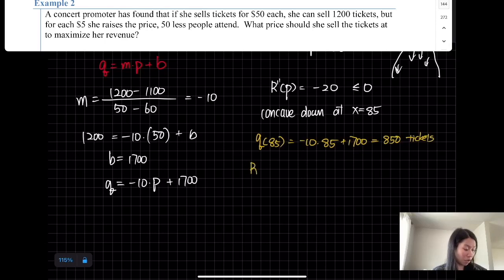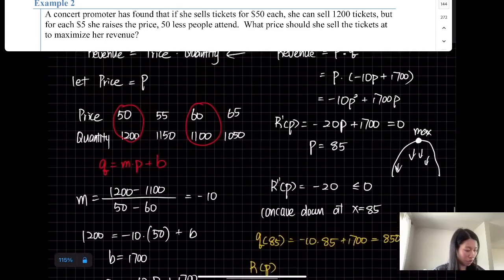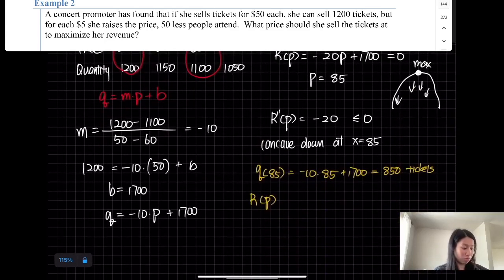And then for the revenue, we don't need to do the complicated one. We know the revenue is equal to the price times the quantity, so that means it's 85 times 850, which gives you 72,250.